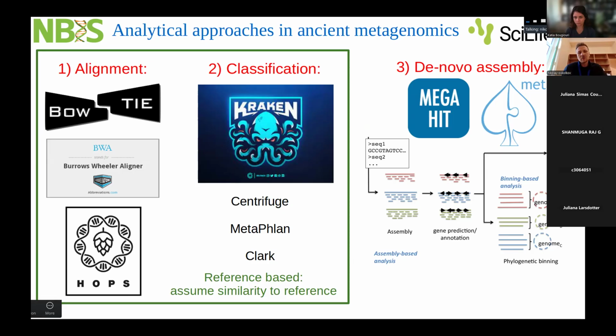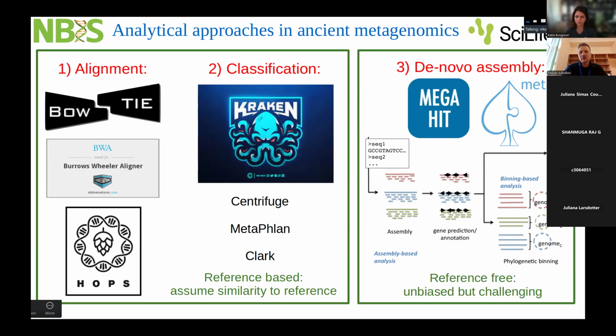It can be technical divergence just because it's degraded DNA. So maybe the reference-based approach has its own disadvantages because it has this strong assumption, similarity to the reference. De novo approach is, in theory, kind of unbiased, but it has its own challenges.